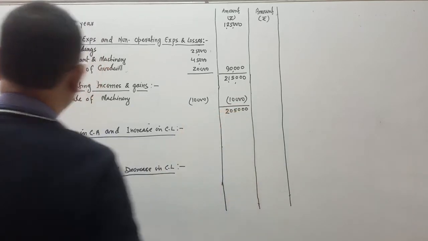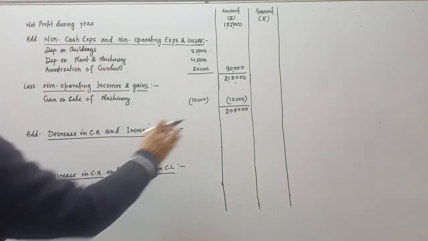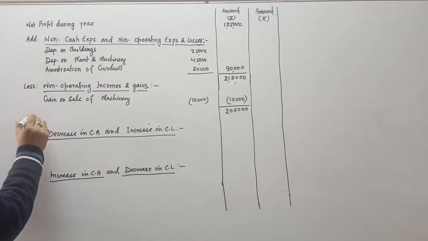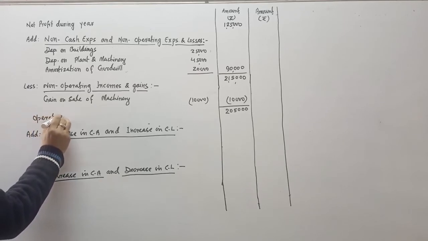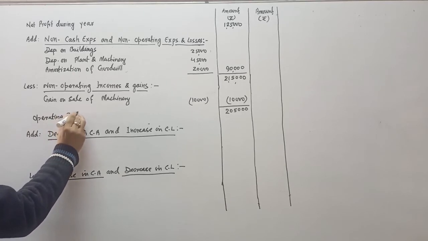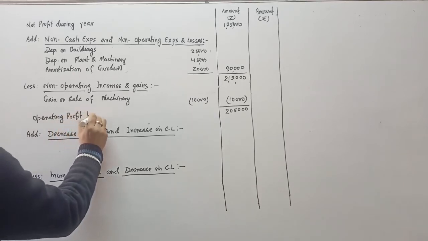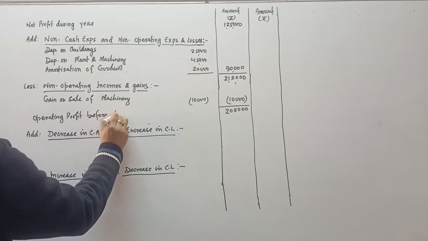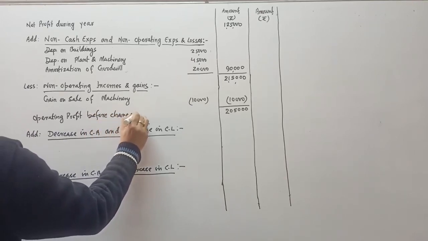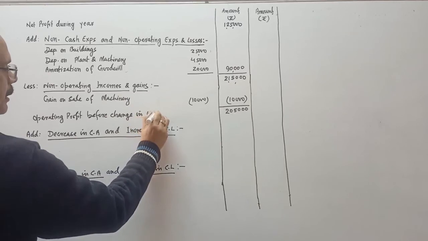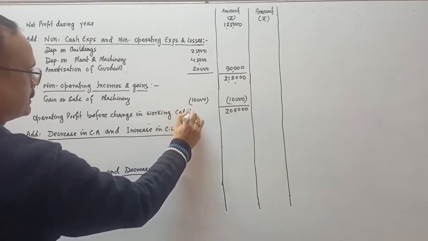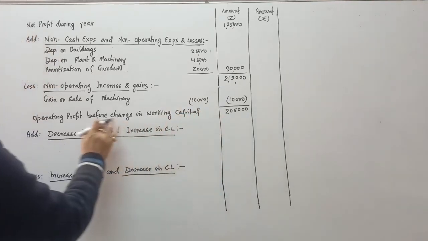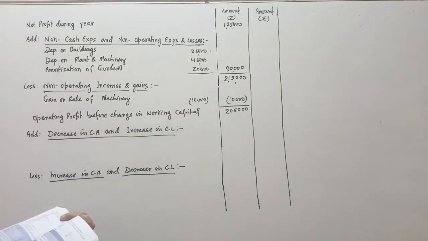After deduction, this is called operating profit before change in working capital. Is it clear? This is called operating profit before change in working capital.